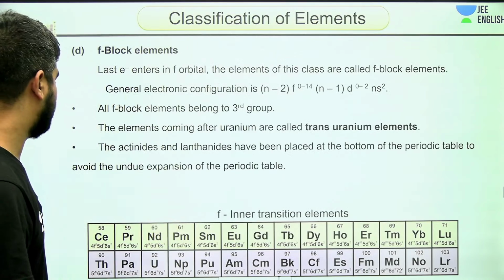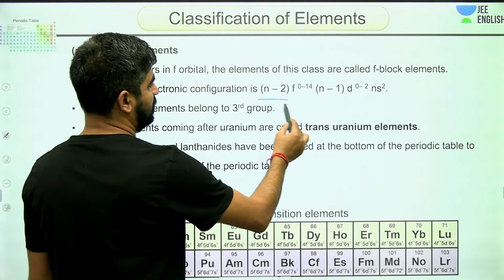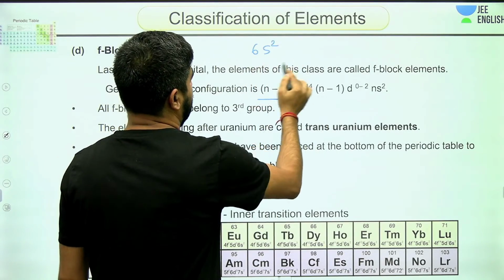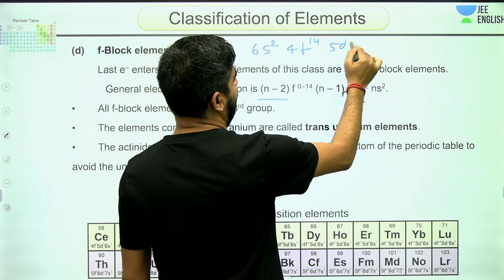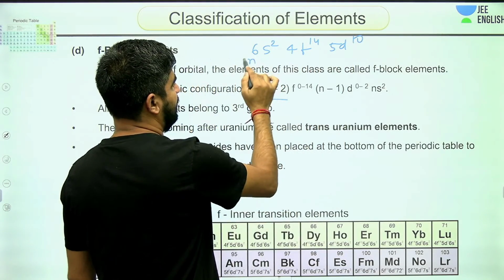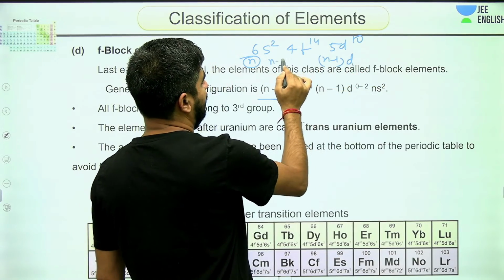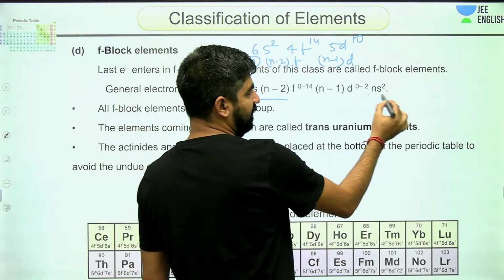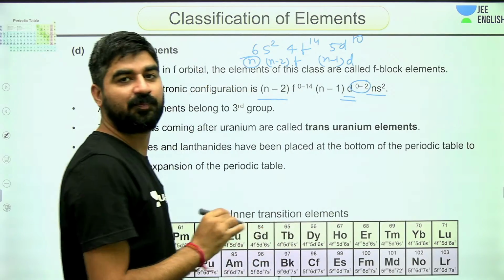Now for f block elements, guys, I will write n-2. So if we write 6s2 5d10, if I'm writing it as n, I'm writing it as n-1 d. So it will be n-2 f. Are you getting it? So here I'm writing ns2, and then (n-1)d can have 0 to 2.